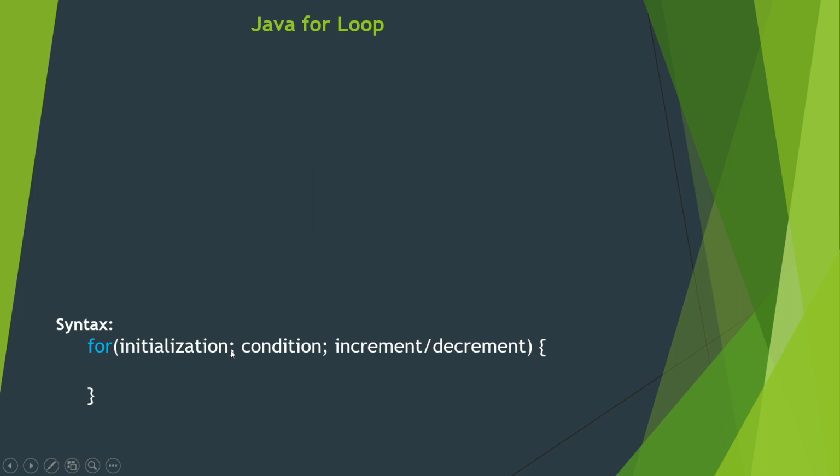If you see, in between each of the statements we have to use a semicolon. So initialization semicolon, condition semicolon, increment or decrement. Then we have open and close curly braces, and this is nothing but the body of the for loop. Let's understand each part in detail.